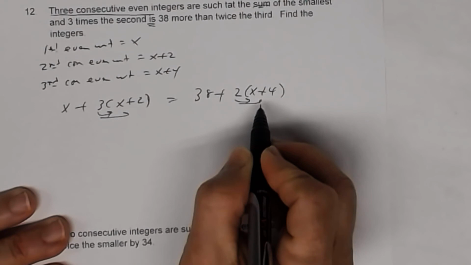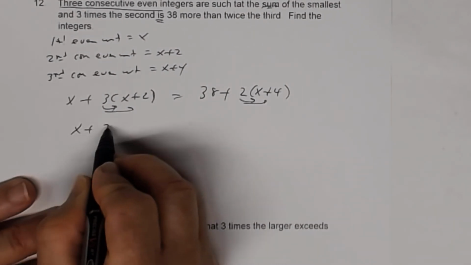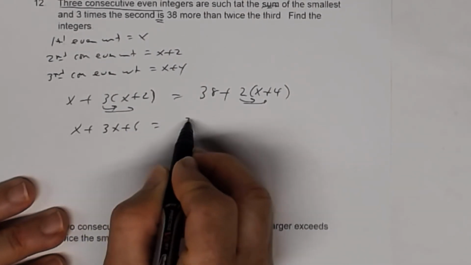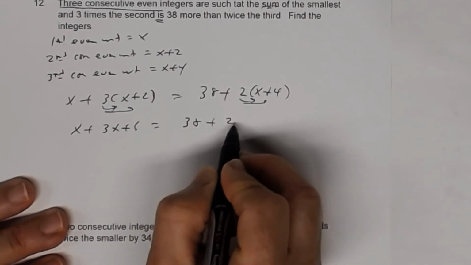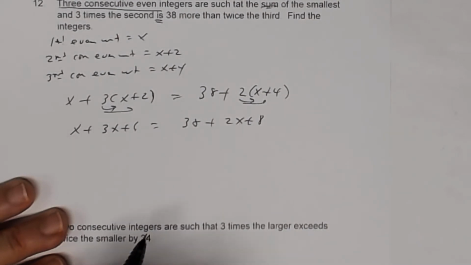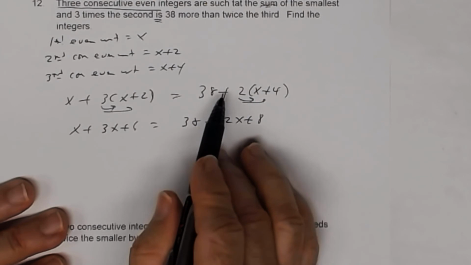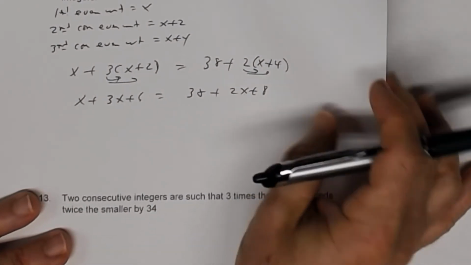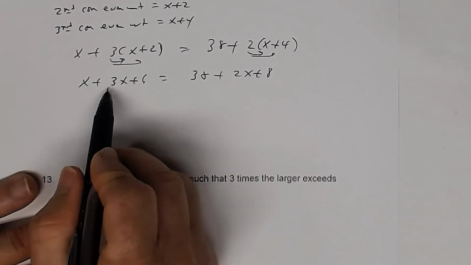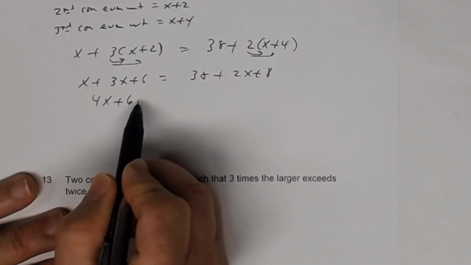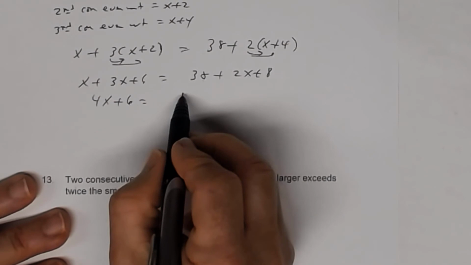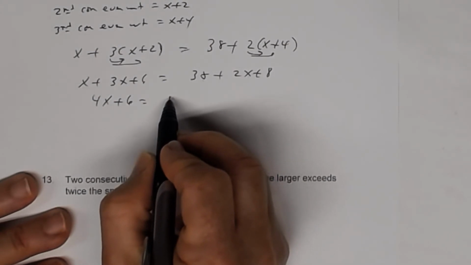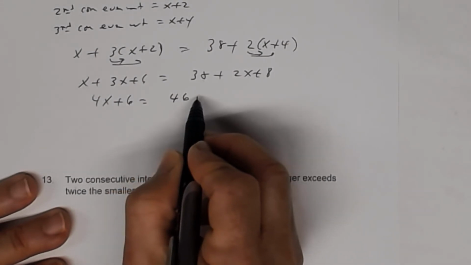Distributing in both cases, I get x plus 3x plus 6 equals 38 plus 2x plus 8. You remember you've got to multiply first before you add, so don't say 40 here. Combine like terms: x plus 3x is 4x, so I have 4x plus 6 equals 38 plus 8, which is 46, plus 2x.